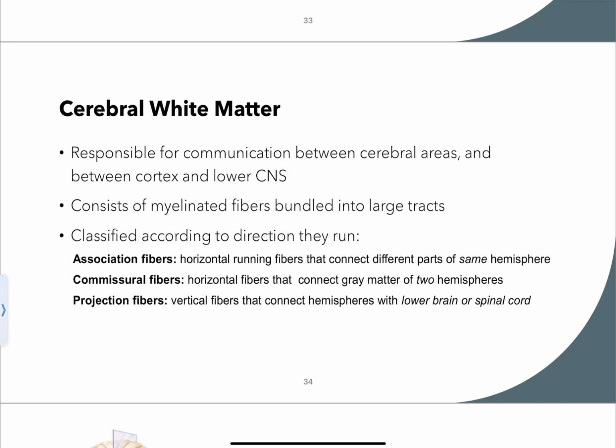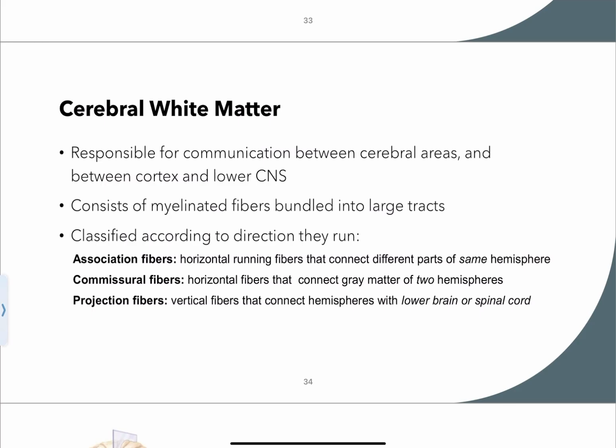So when we're talking about white matter, remember we're talking about actual axons of neurons. So we're talking about communication. The white matter is responsible for communicating between all of the different areas, the cerebral areas, as well as sending information to the cortex and lower areas or regions in the central nervous system.